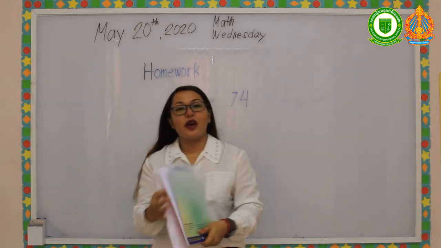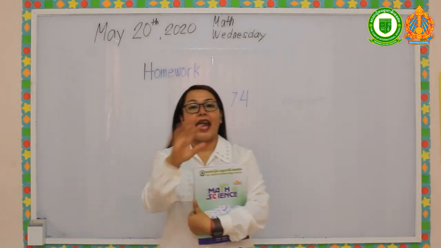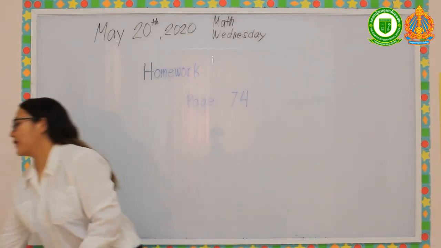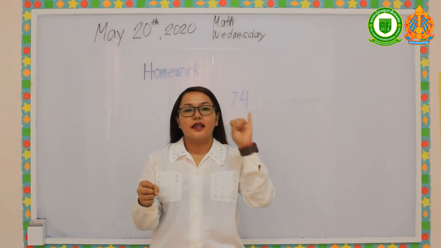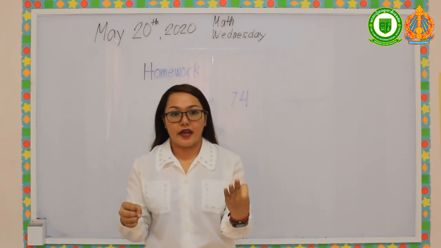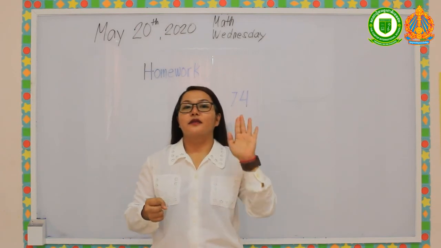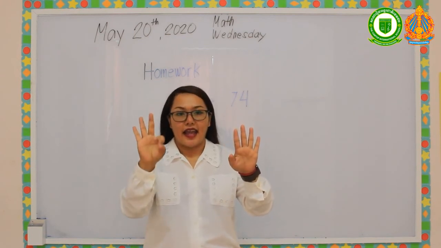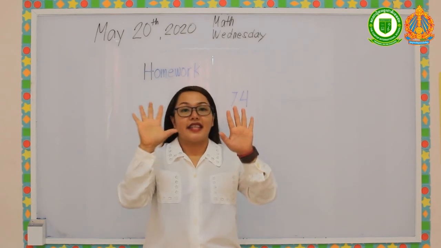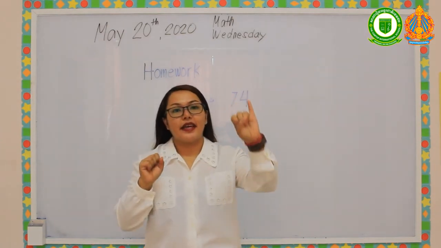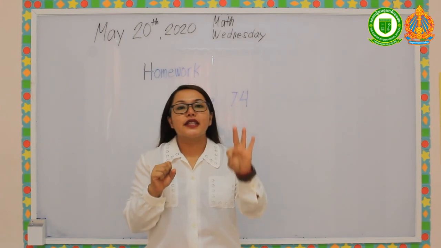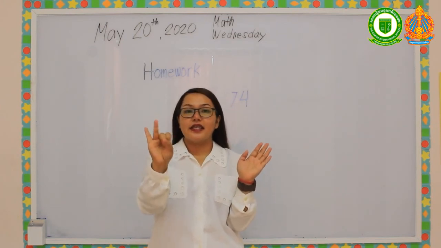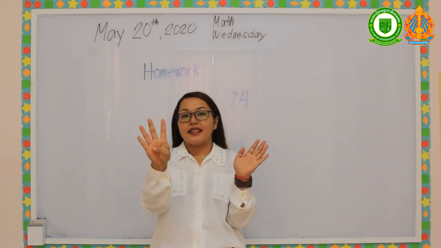Alright, so before we go, let's count again your numbers. So let's do it. 1, 2, 3, 4, 5, 6, 7, 8, 9, 10. 11, 12, 13, 14, 15, 16, 17, 18, 19, 20.